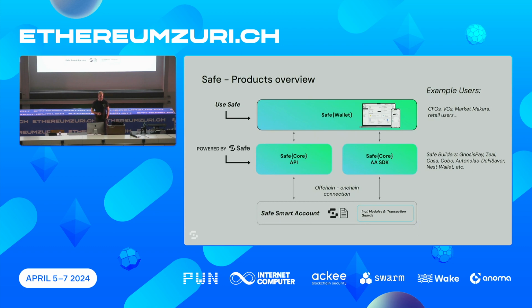On the one side, that's an API and SDKs that allow developers to more easily use the Safe Smart Account and build on it. There's Safe Wallet, which is a reference implementation, a showcase of what the protocol can do, but for end users, surfacing some of the functionality and hopefully also triggering developers' imagination of what can be done with Safe Smart Accounts.